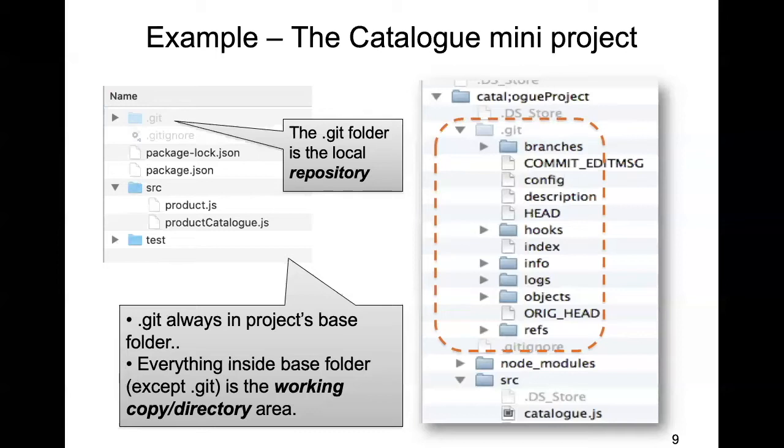These are the things that we can edit and make changes to and create new files, etc. And these are the things that we commit to the Git repository, as we'll see later on.